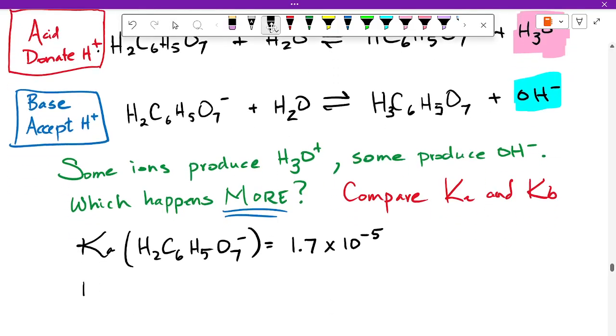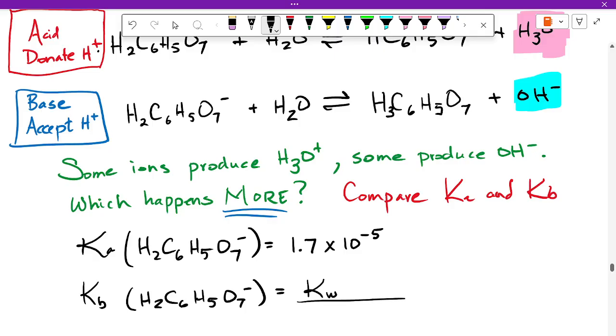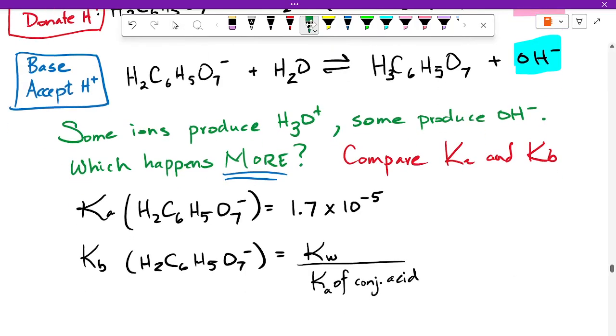And then we want the Kb of H2C6H5O7 minus, which is equal to Kw divided by Ka of the conjugate acid. Who is the conjugate acid?